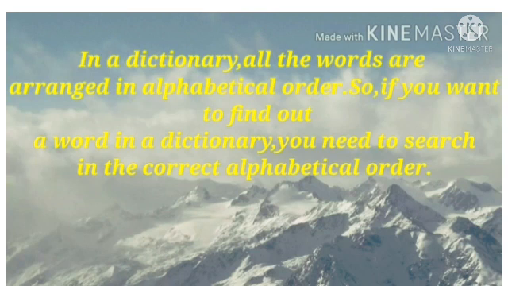So, if you want to find a word in a dictionary, you need to search in the correct alphabetical order. So, what is the pattern? Yes, the pattern is alphabetical order. Now, we need to understand what we mean by alphabetical order.